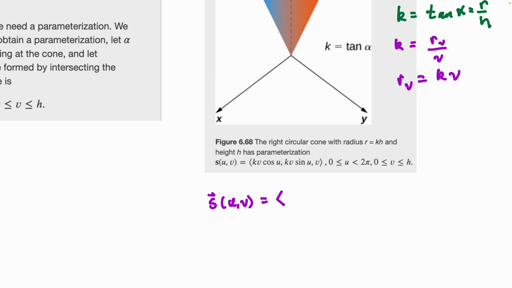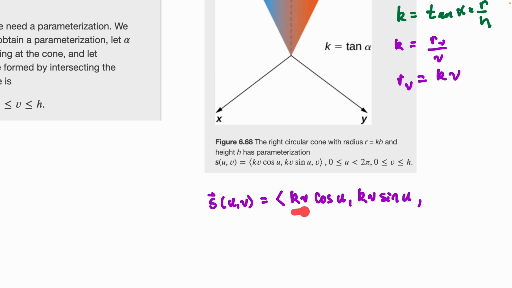At any height V, the cross section will be a circle of radius R sub V, written as K times V, and then for X do the conventional cosine, and for Y do the conventional sine.